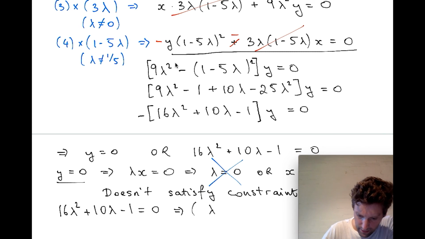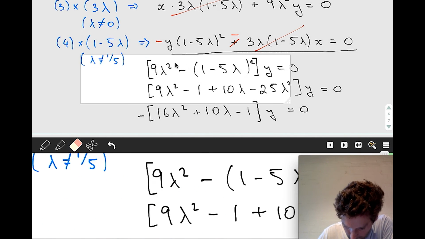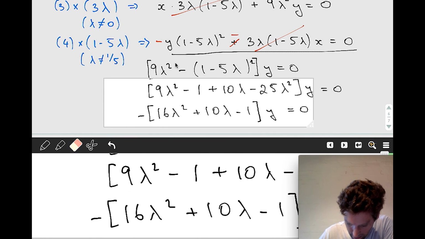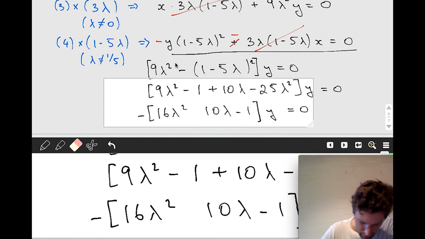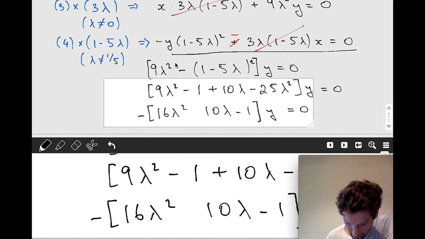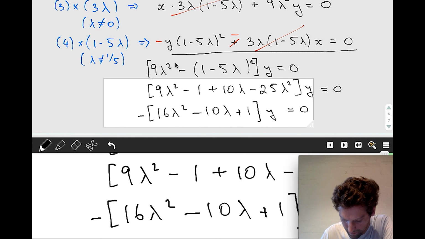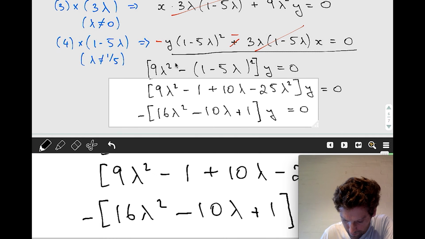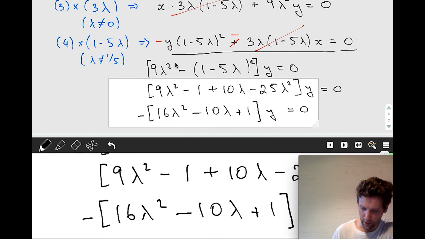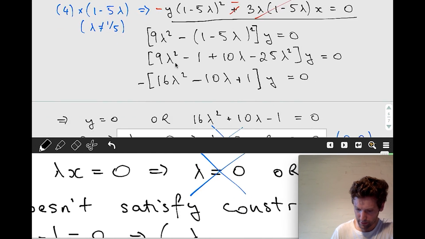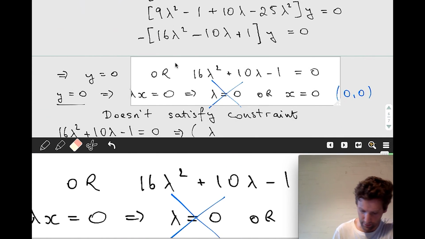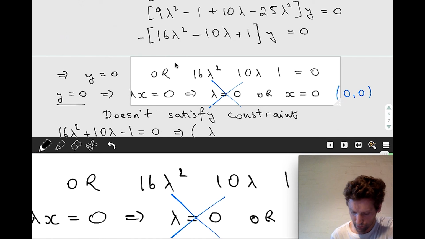I made a slight error here. I took out a minus sign, so this should have become a minus sign. That's a plus sign. There we go. That's better. Okay, so let's correct that down here. That's supposed to be a minus and a plus.